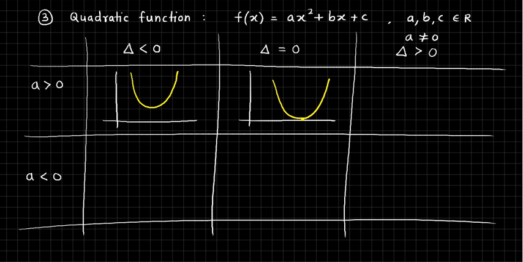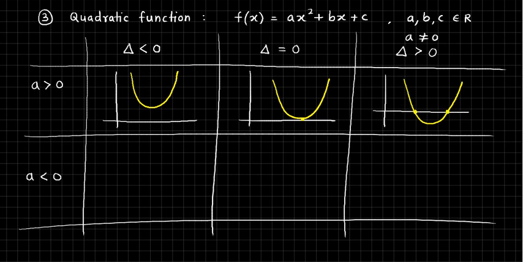Now moving ahead, if delta is positive, we know that we will get two real and distinct roots. So therefore the graph will cut the x-axis at two distinct points. So it will look something like this, where we have two different roots of the corresponding quadratic equation.